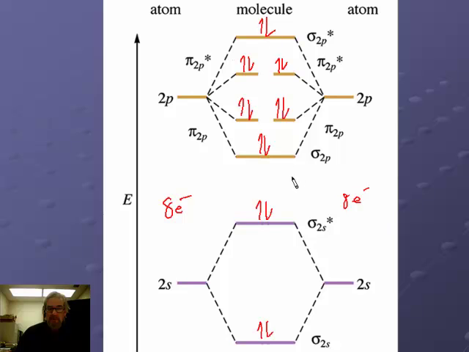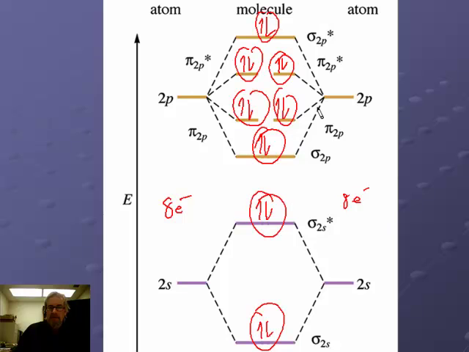What's our bond order? In bonding orbitals, we have 2, 4, 6, 8. In antibonding orbitals, we have 2, 4, 6, 8 as well. So our bond order is 8 minus 8 divided by 2, which is 0, which means a neon diatomic doesn't exist. And we knew that.